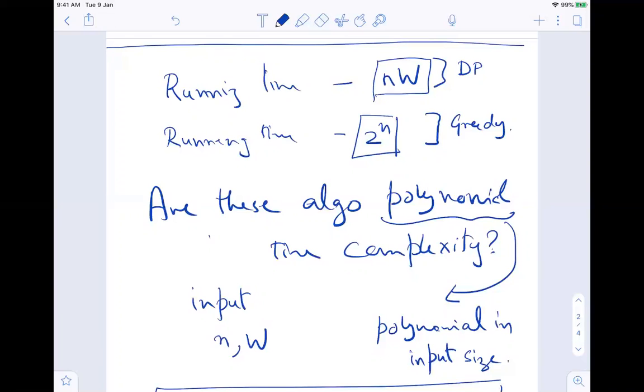Now, if it is a weighted graph, then other than the graph, you also have been given the weights on the edges. So that is also part of the input now. So you have three inputs now: n, m, and w. The running time of an algorithm is considered to be a function of the input size.